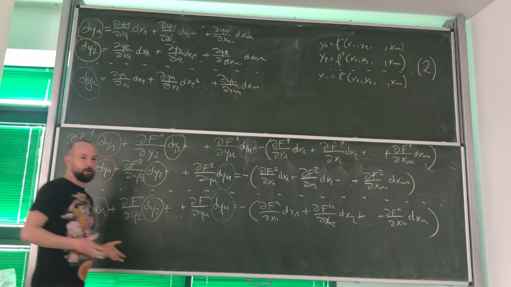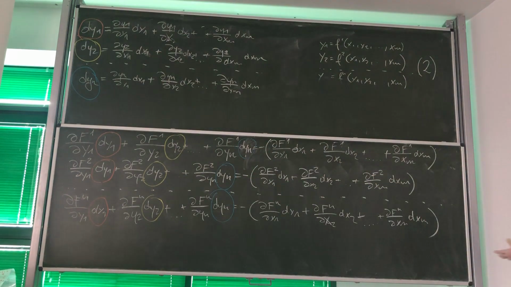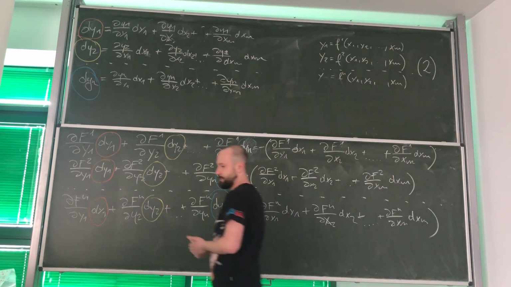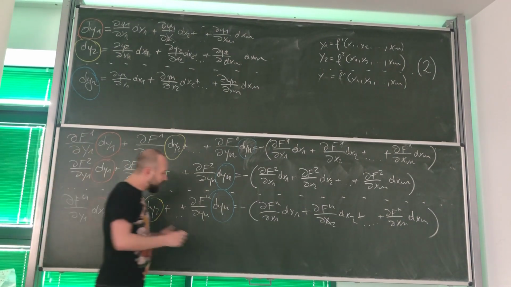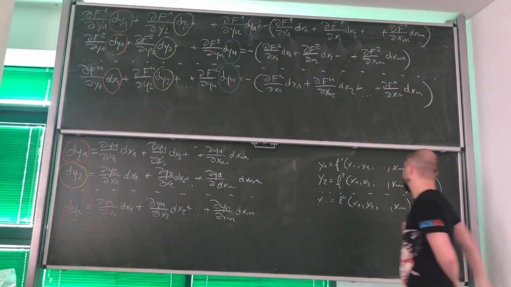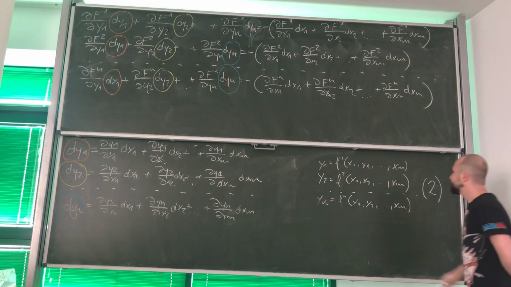But let's remember why we actually started dealing with this. We started dealing with this because we wanted to find comparative static derivatives. And what comparative static derivatives were we interested in? Well, comparative static derivatives of this system.